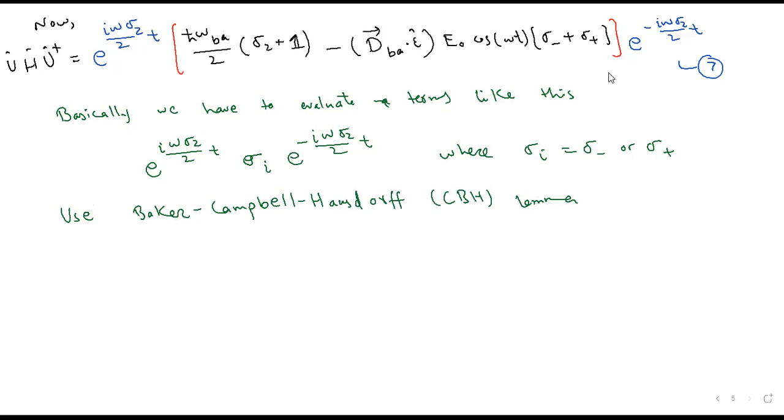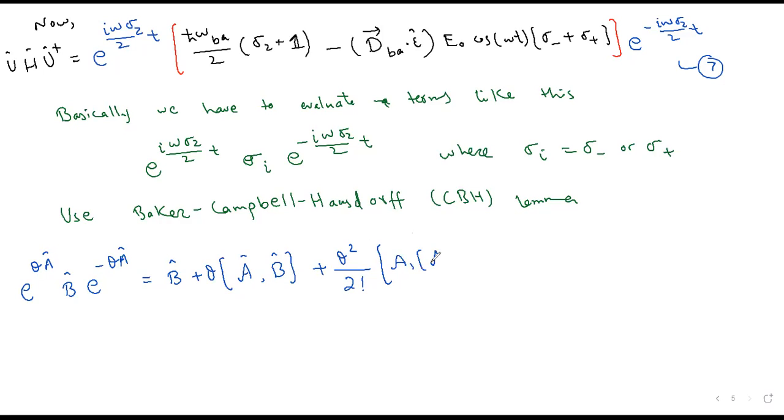It states that we have to figure out terms like this: e to the theta A acting on B, which is B plus theta times the commutator of A and B, plus theta squared by 2 factorial times the nested commutator of A, A and B, plus theta cubed by 3 factorial, and the series goes on to infinity.